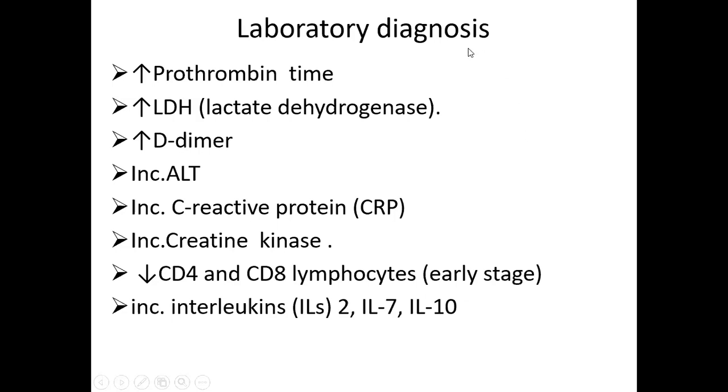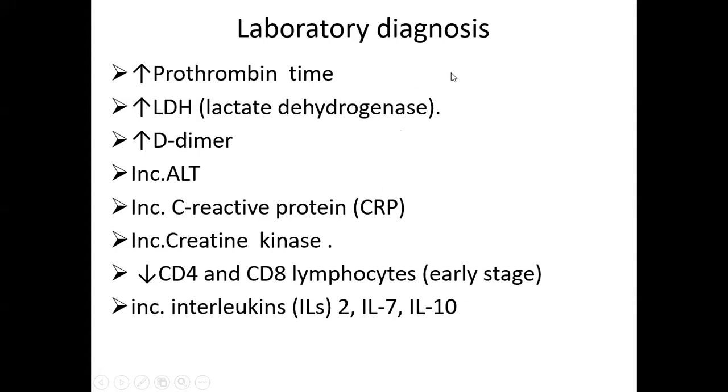PCR is the most important criterion for the diagnosis of COVID-19. Quantitative or real-time PCR is performed, and the second way of investigation is immunoassays by ELISA, where the antigen and the antibodies are detected, and the other serological methods are the rapid diagnostic test. And these are the three major ways of diagnosing COVID-19: real-time PCR, ELISA, and third, the rapid diagnostic test by kit methods.